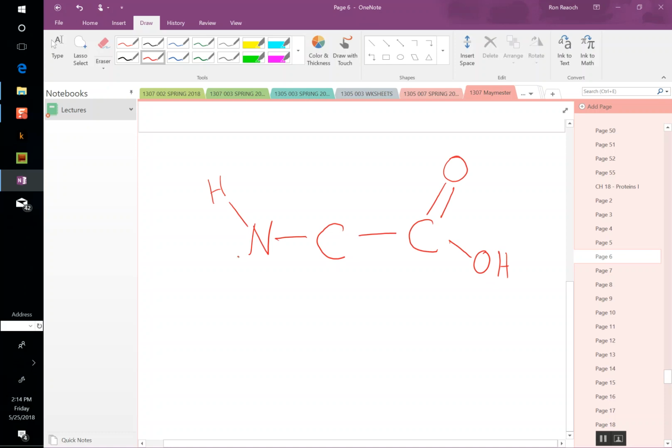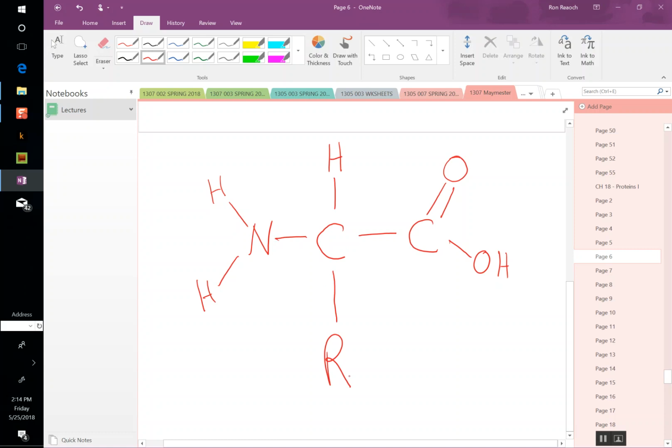Same carbon. So that same carbon has a carboxylic acid, it has an amine, this is an amino acid. It has a hydrogen. And then it has something else.